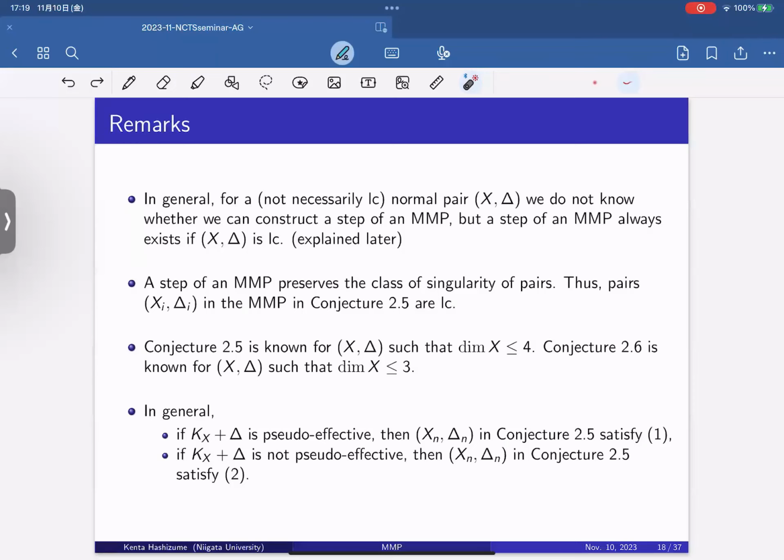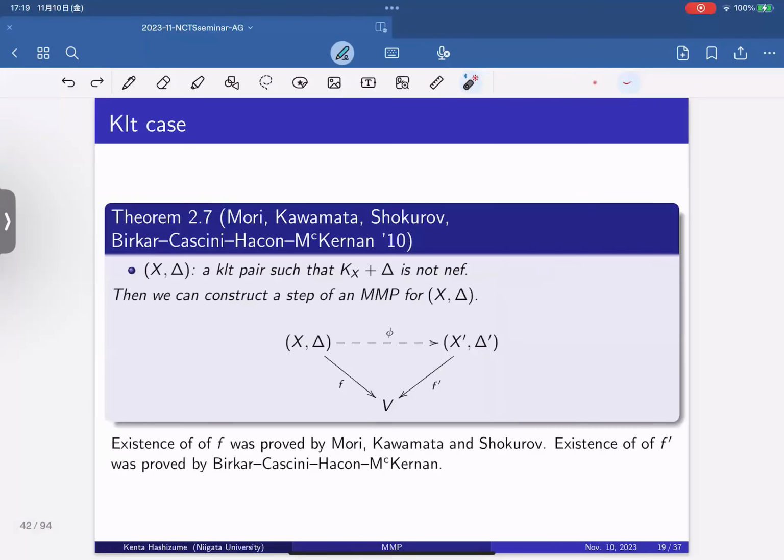Since I don't have enough time, I will go to the KLT case. Roughly speaking, currently the minimal model theory holds for some special cases.